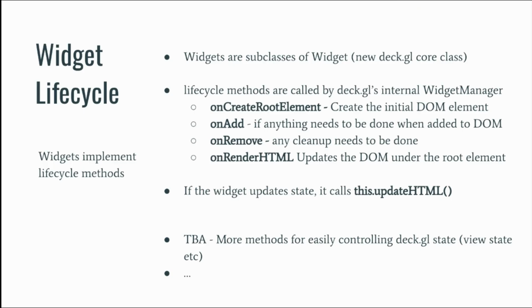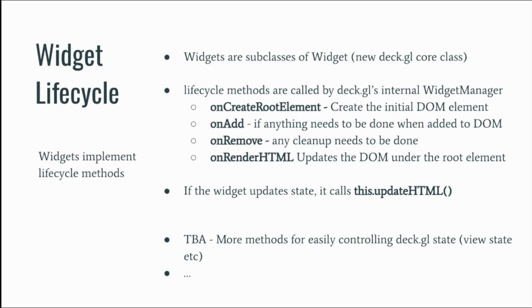And then whenever it needs to be re-rendered, it goes to onRender HTML. And you basically update the DOM under the root element, and that can be done in different ways, as we can see. And internally, if the widget updates its state, the widget manager will call update HTML when it sees that things have changed, but the widget may also do things that require an update, and then it can explicitly call update HTML.